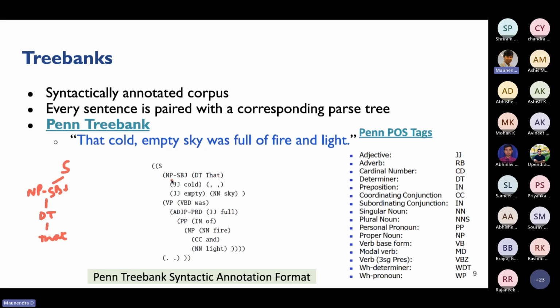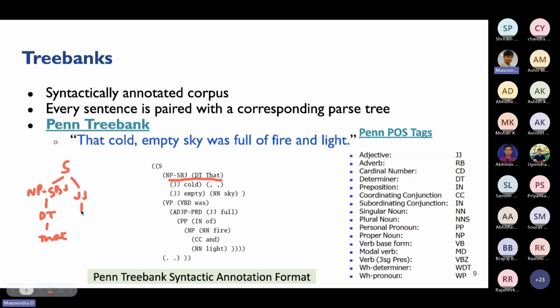Now you see this part is done. Next we see SBJ, subject. Then there is JJ. Now this JJ is inside a bracket, so it will be attached with whatever expansion we were continuing earlier. JJ is adjective, and after JJ we have cold.